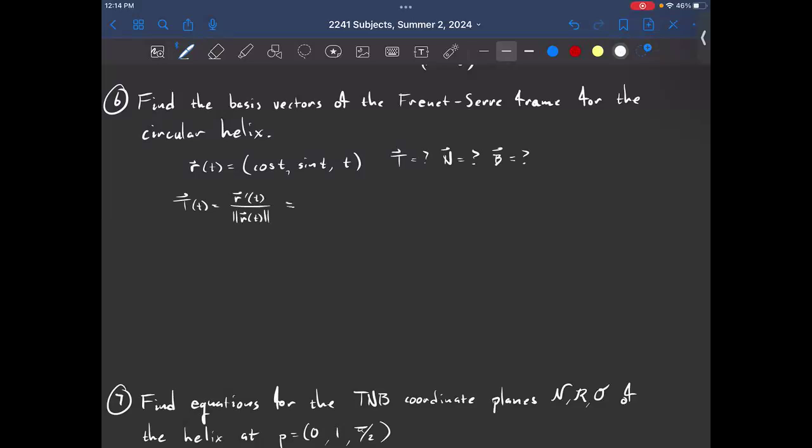All right, r prime is minus sine, cosine, 1, and the norm of that is going to be square root of 2. You can check that if you want, but there's our tangent vector. Our normal vector is the derivative of the tangent vector, T prime, divided by its norm.